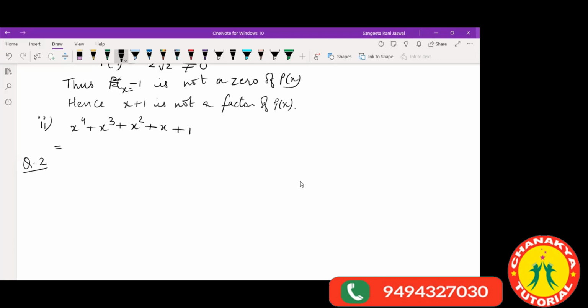From here I'll just take one question, part 2. This is to show g(x) is a factor of p(x), using the factor theorem.